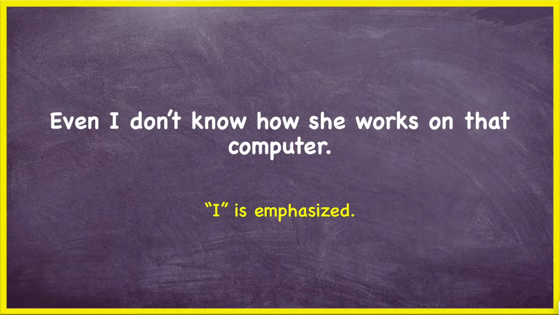But even I don't know. Okay? So that's one way to use this word. It's unusual that I don't know this, right? Or it's surprising, or it's extreme, maybe. So this is an example of the adverb coming before a pronoun, right? I.